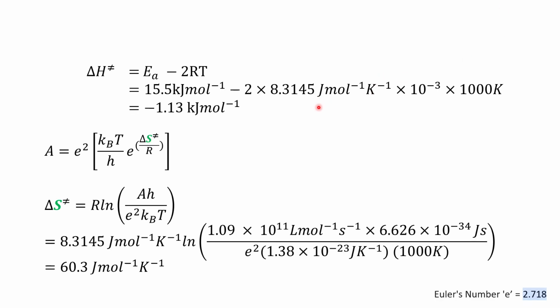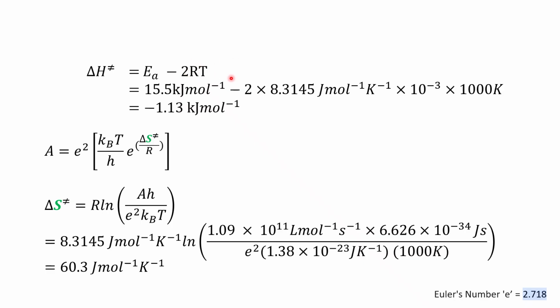The question involves a bimolecular gas reaction, so we use the relation ΔH equals Ea minus 2RT in order to determine the value of the enthalpy change for the activated complex. We are given the value of the activation energy and also the temperature.